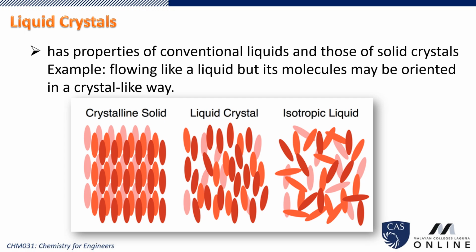Now, liquid crystals are a unique state of matter. They have properties of both liquids, meaning that they can flow, and crystals, meaning they have some degree of order.